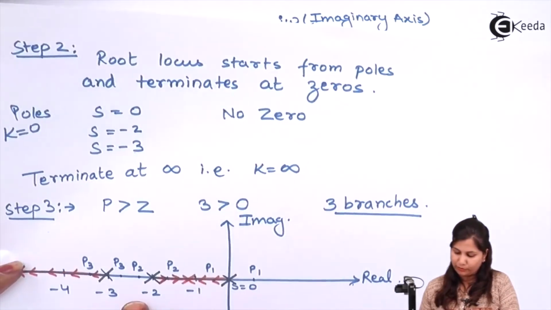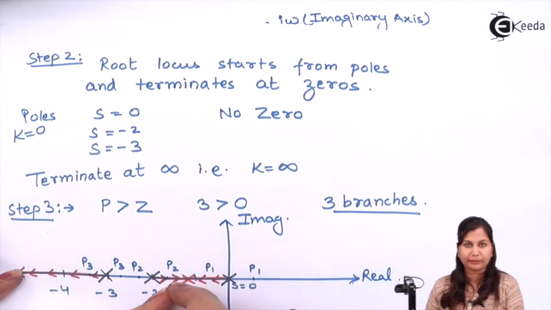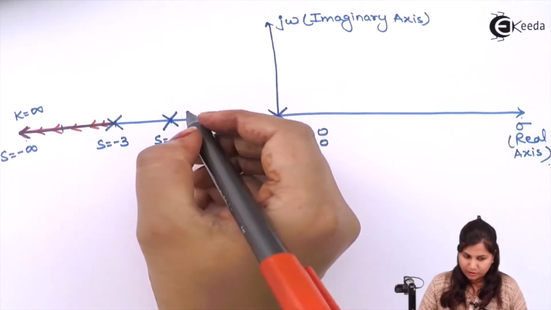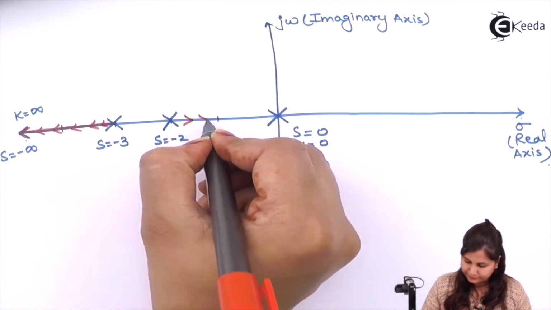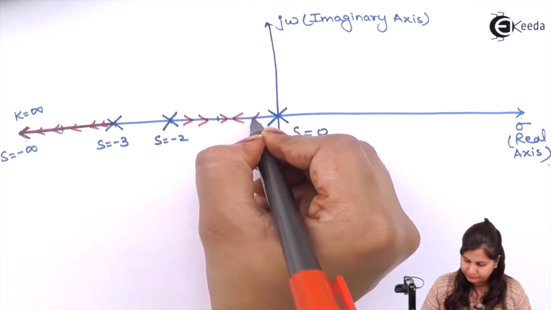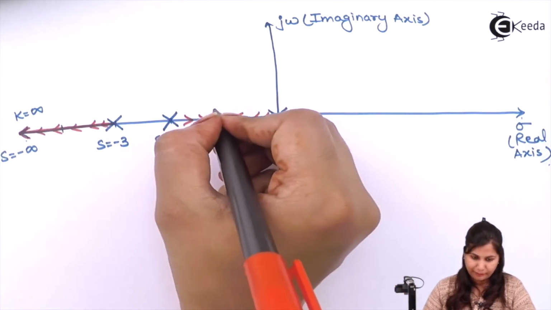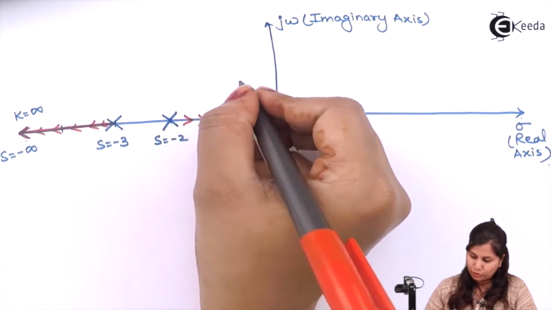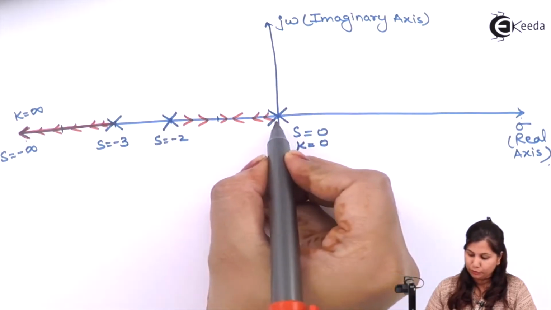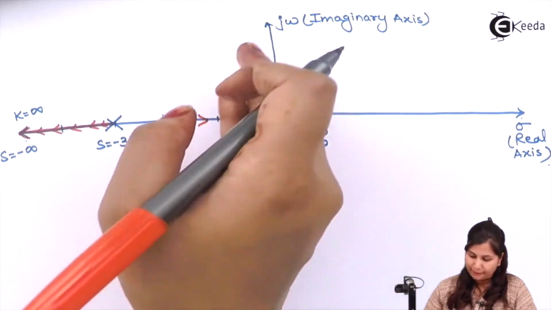For s equals -2 and s equals 0, it will be towards each other. And here we are having the breakaway point where the two root locus, due to these two poles, they are breaking.